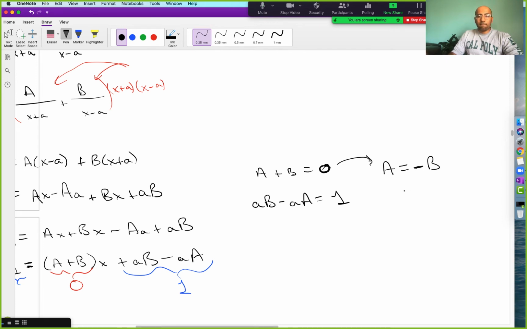So I can substitute that into here and say that this is a capital B minus a, and then instead of capital A, I'm going to plug in negative B. And that whole thing equals 1. Minus minus gives you a plus, so this must be aB plus aB equals 1.